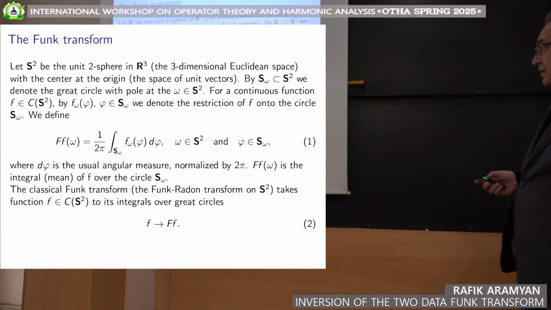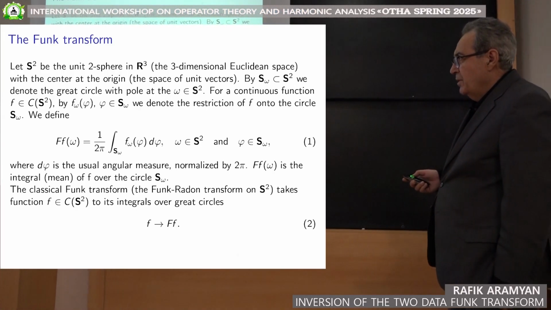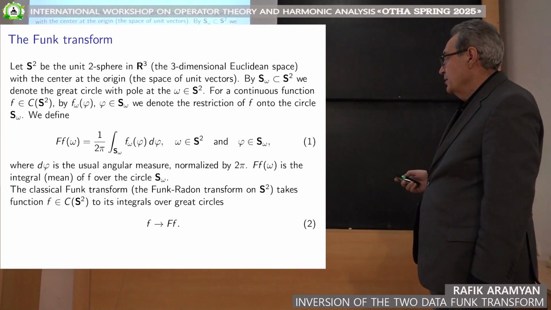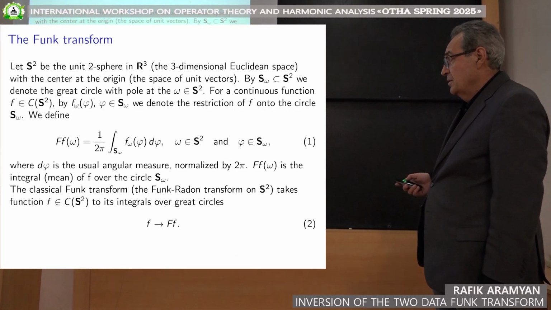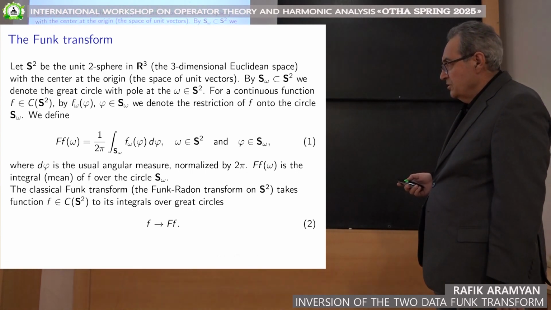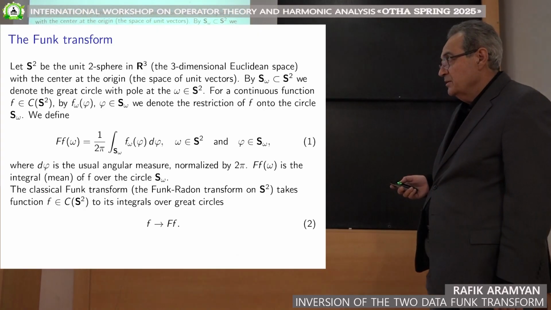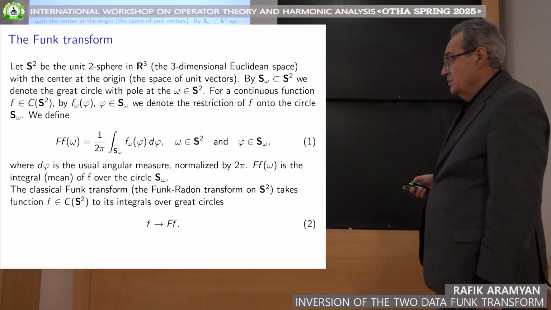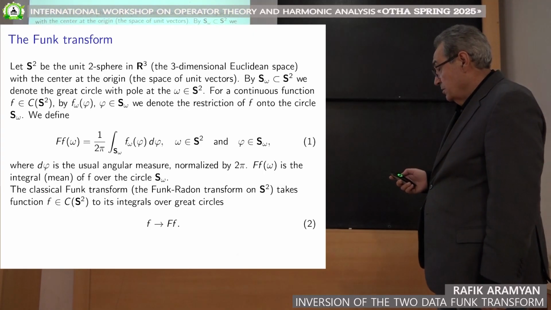We denote the mean of the restriction over the circle S omega by Ff. By definition, the classical Funk transform takes a function f to its integral over great circles.